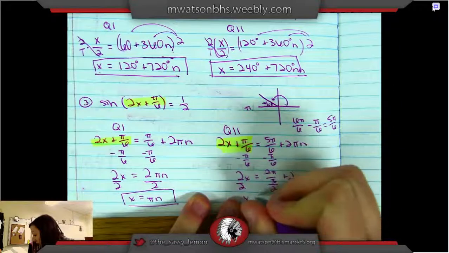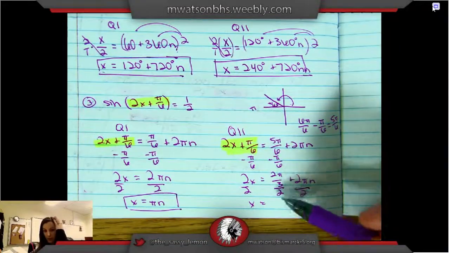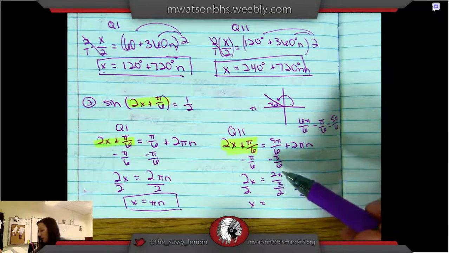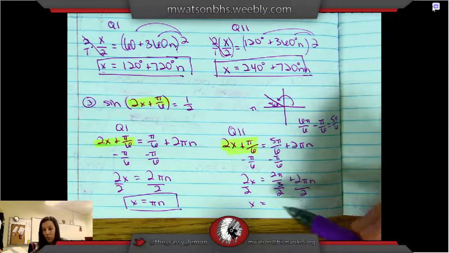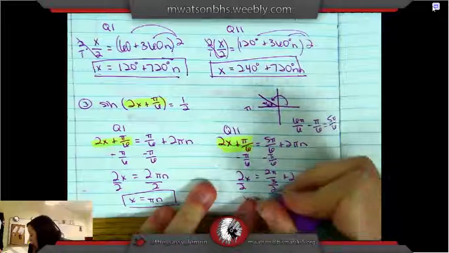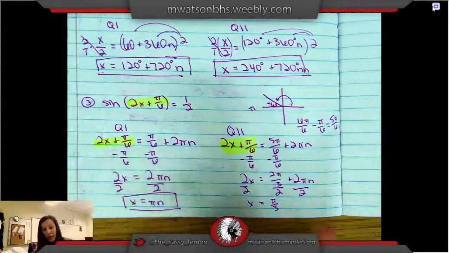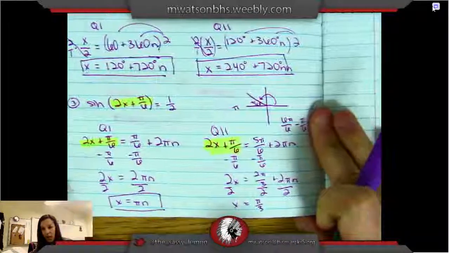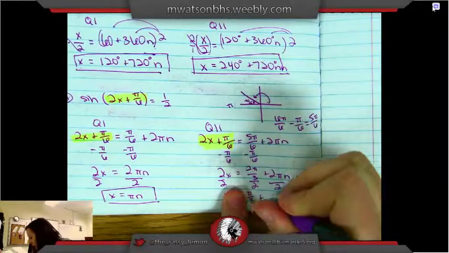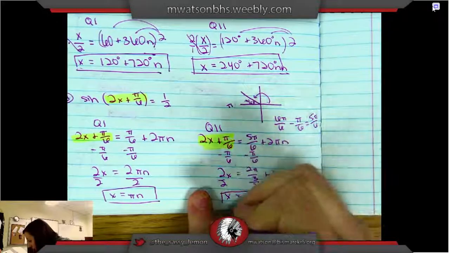So my final answer will be x equals. With this, you could do stay switch, but I know that this is 2 pi over 3, times 1/2, which simplifies to pi over 3. I don't have room to work out all that algebra, but if you need to, just do it over here in the margin. And then this is going to be plus pi n. So there's our two answers.